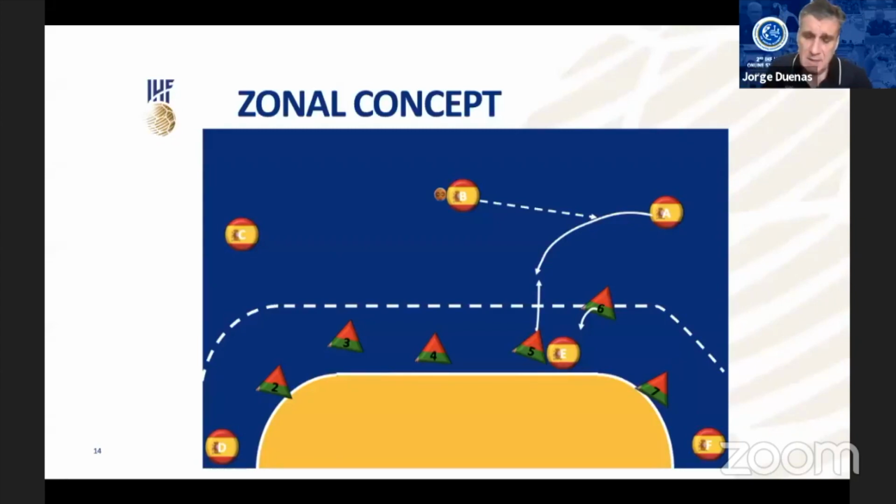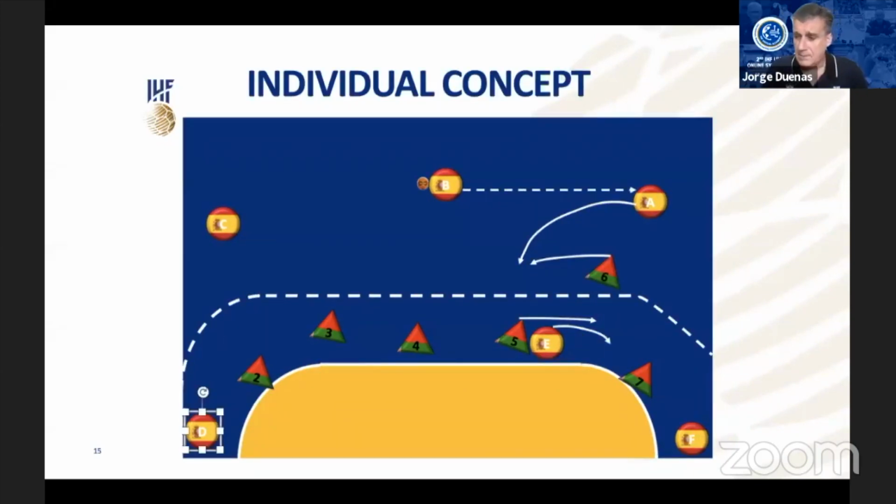Maybe this concept is more conservative because the defenders stay in their zone. The other concept is the individual concept. Maybe in this case it's a risky situation, but maybe you can use it if you have possibilities.